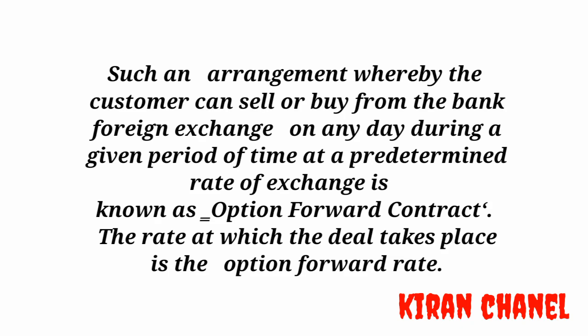Such an arrangement, whereby the customer can sell or buy from the bank foreign exchange on any day during a given period of time at a predetermined rate of exchange, is known as an option forward contract. The rate at which the deal takes place is the option forward rate.